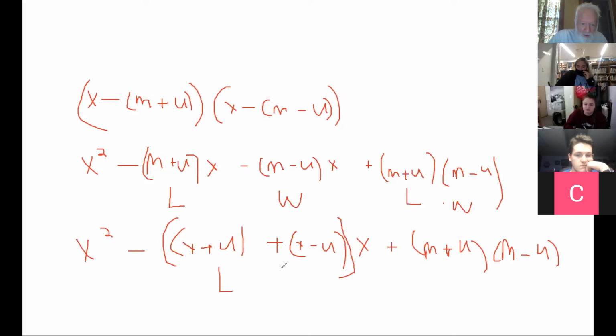This is length, this is width, otherwise known as B, right? This over here is your C term, length times width.